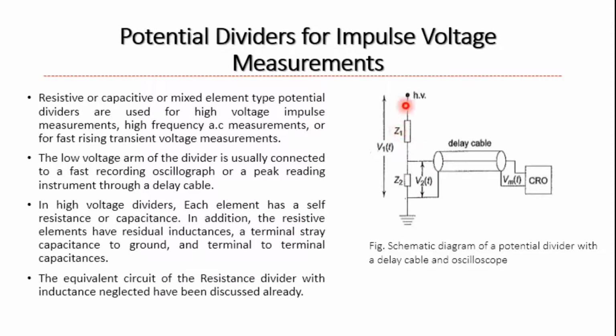This equivalent circuit, as we already discussed in the previous concept, considers the equivalent impedance as a resistance in series with the inductance and a parallel combination of the capacitance. So this is one of the general circuits for the measurement of impulse voltages.